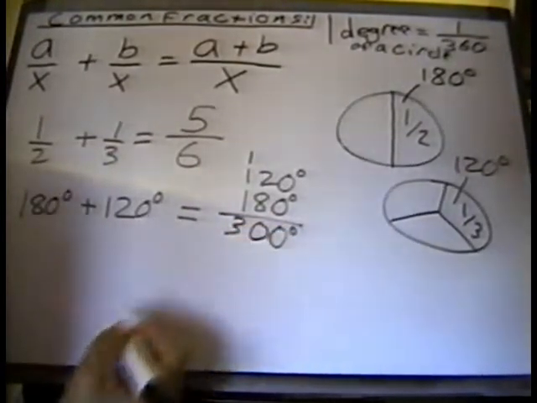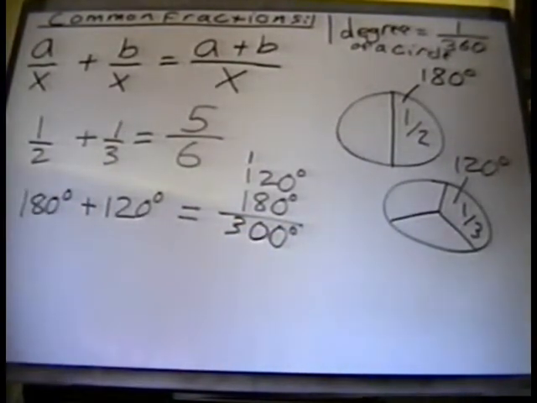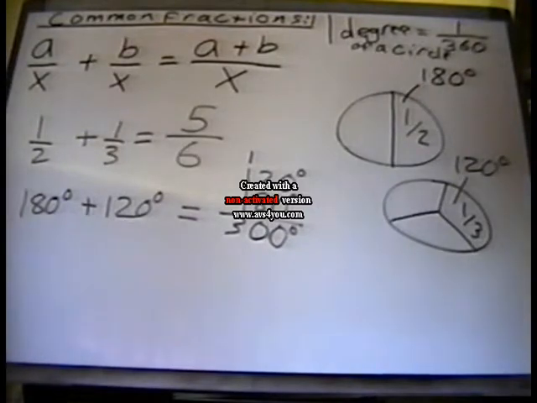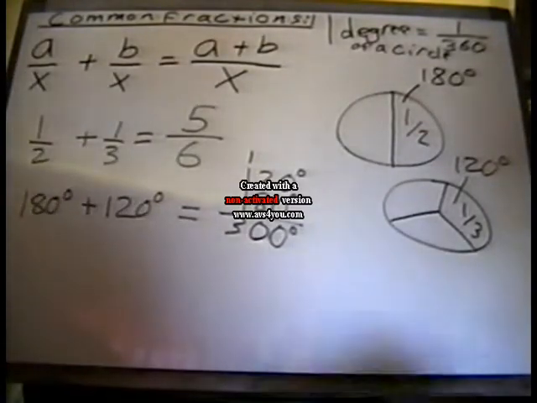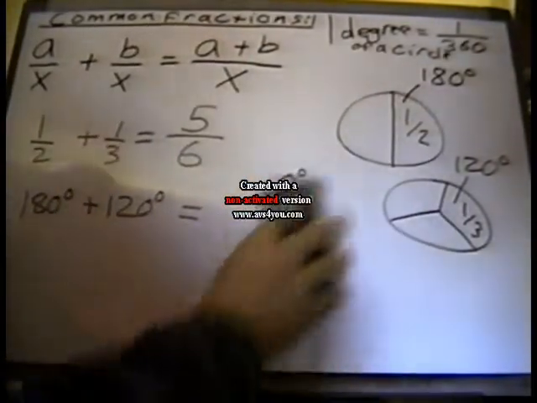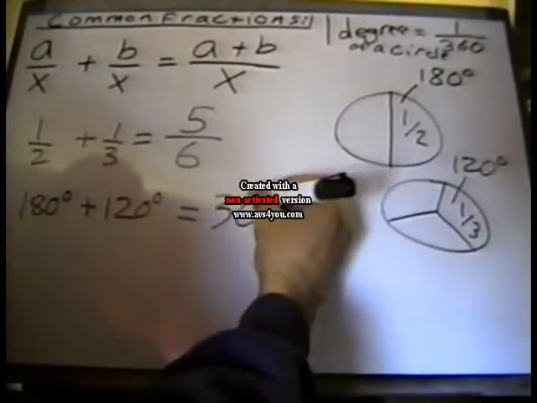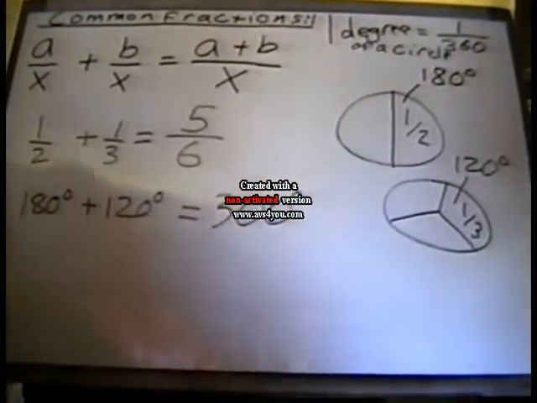That becomes 3. So 300 degrees. Okay? So 5/6, when we convert 5/6 into its degree measure, we should come to 300 degrees.